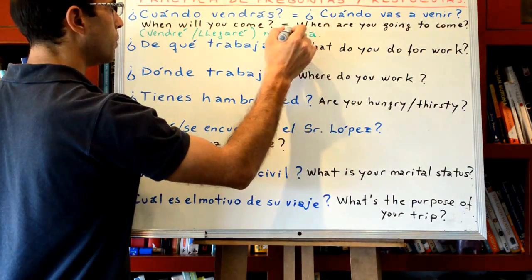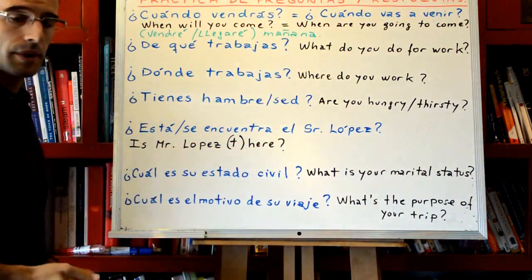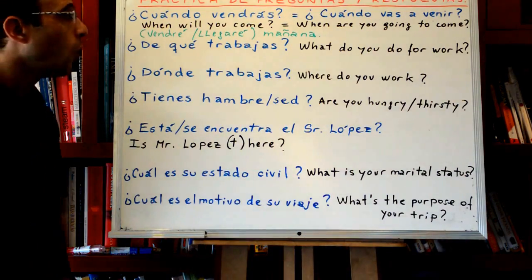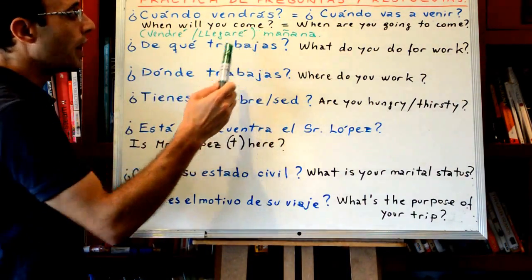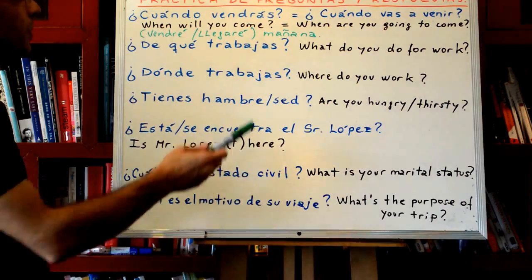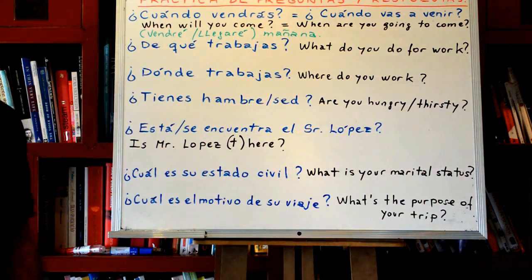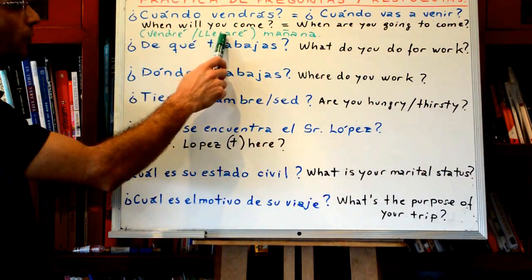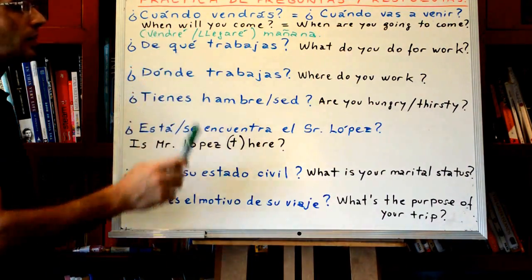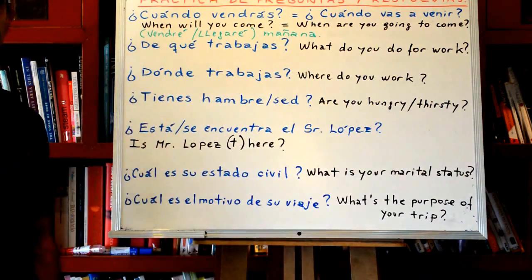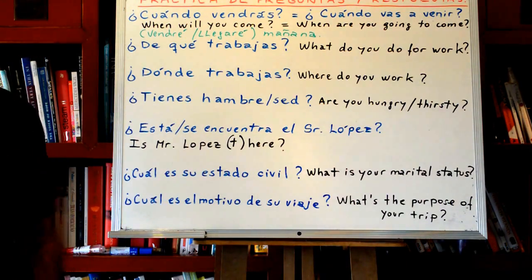Mañana means tomorrow. Mañana. So, why did I put this between brackets? Because we can simply answer mañana, tomorrow, or I will arrive, or I will come tomorrow. Vendré mañana, or llegaré mañana.